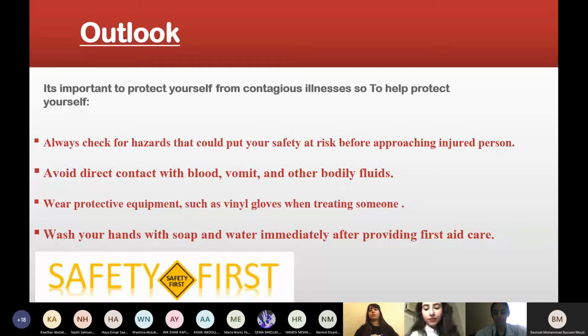It's very important to be safe and protect yourself before helping others, because if you don't protect yourself, there will be two medical cases, and that will just make it worse. Just avoid any body fluids that could harm you.